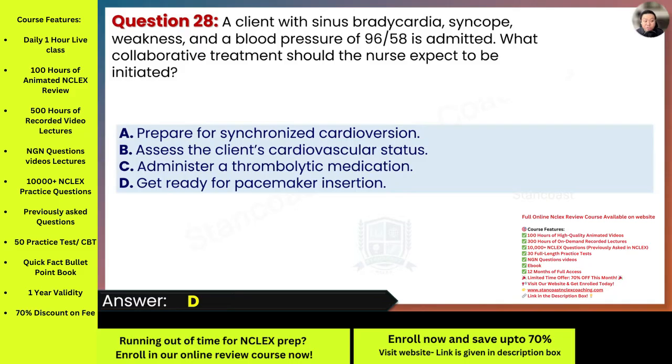So your strategy to answer this question correctly is to focus on collaborative treatment. The phrase itself should help you pinpoint that you're looking for an intervention that requires teamwork, like pacemaker insertion, which directly addresses the heart rate problem. So you can eliminate those other options like B, A, and C.